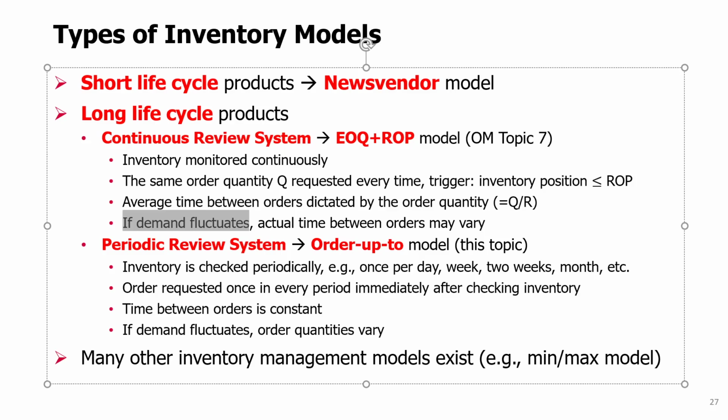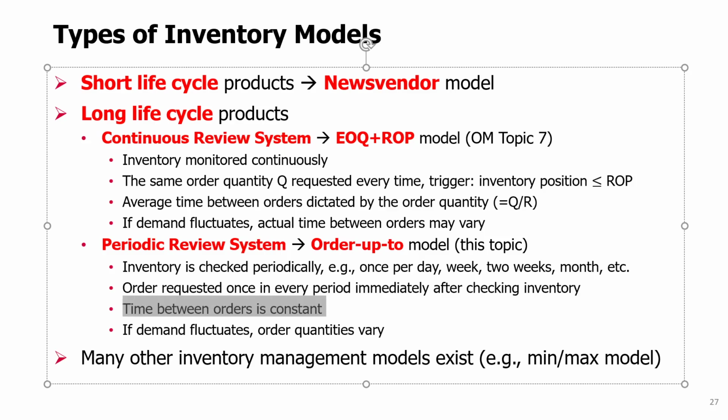In the periodic review system, inventory is checked only periodically. For example, once a day, once a week, once per 2 weeks, or something like this. And so an order is requested once in every period, immediately after we check the inventory, for example at the beginning of the period, the beginning of the week, or the beginning of the day, as we had in our examples.